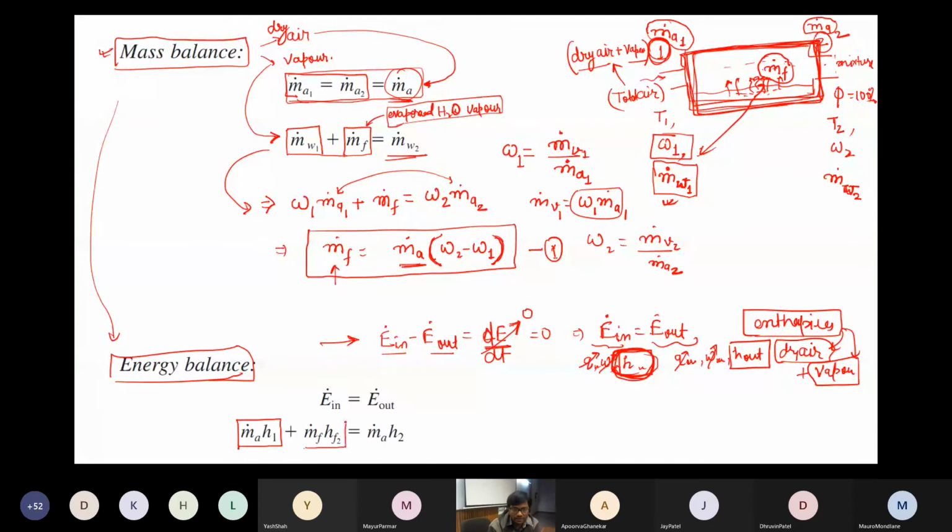Also, you are adding energy in the form of the evaporation that is happening, m dot f times hf2, and this should be collectively seen at the exit as m dot a times h2. Now let me write it again: m dot a h1 plus m dot f hf2 is equal to m dot a h2.